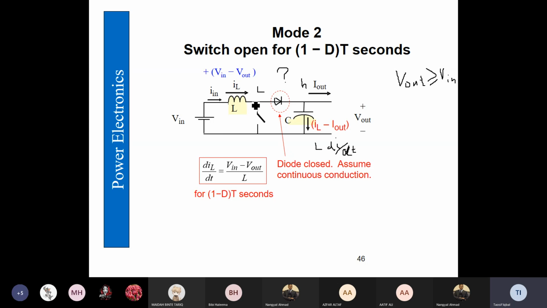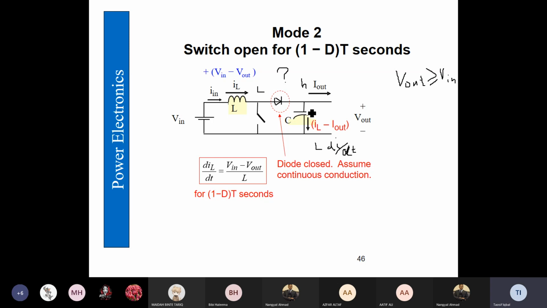Otherwise, there is no other current path available for the inductive current. So if the inductor is charged and there is no current path, then it would produce a voltage spike. And because there is a diode connected, due to the L di by dt effect, this diode is going to conduct and provide a path for the inductor current.